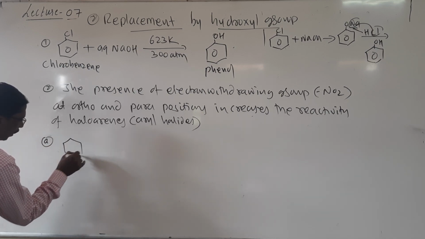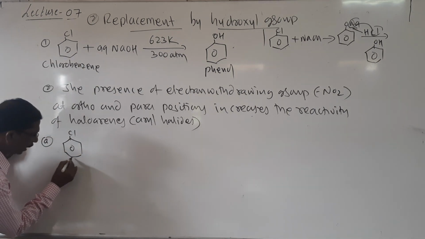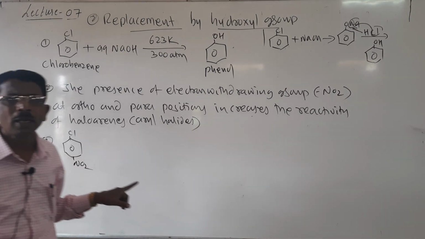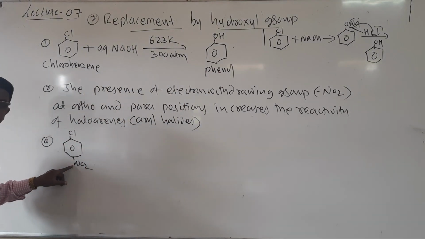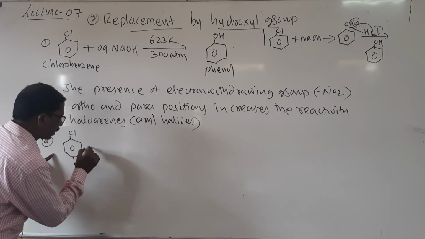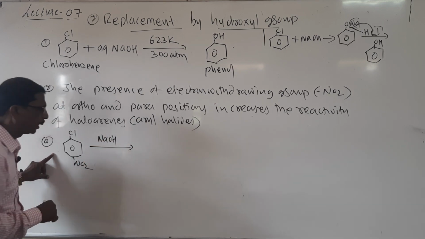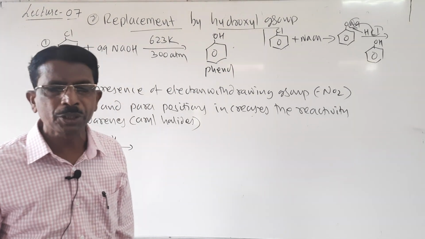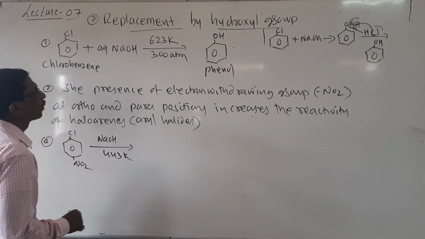Look here, this is the same chlorobenzene, and here I will take an NO2 group at the para position. It is a para product. When this para product is treated with sodium hydroxide, it requires a lower temperature, near about 443 Kelvin.